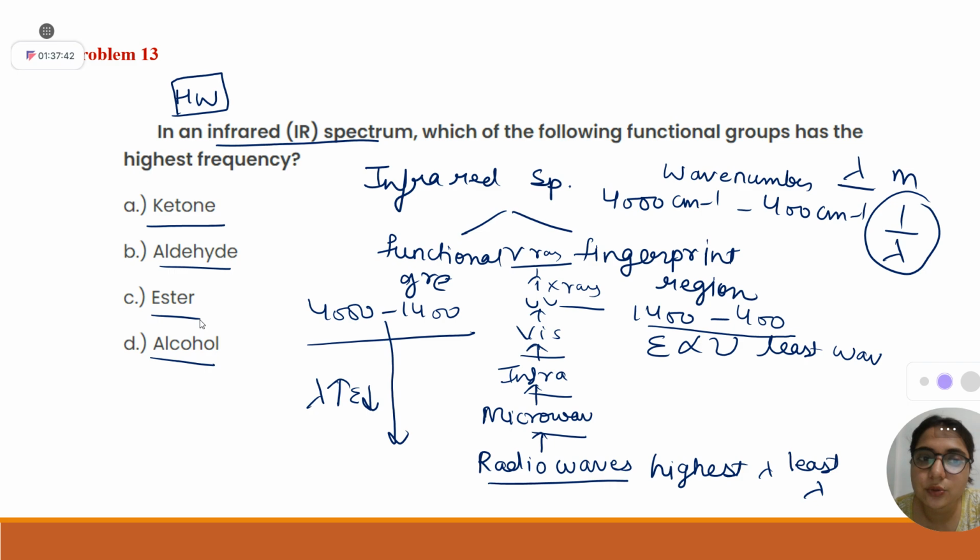Then we will do this IR question in the next class. You should know in which range ketone is there, in which range aldehyde, ester, alcohol. Only then is it beneficial to do questions, because without theory you can't do them.